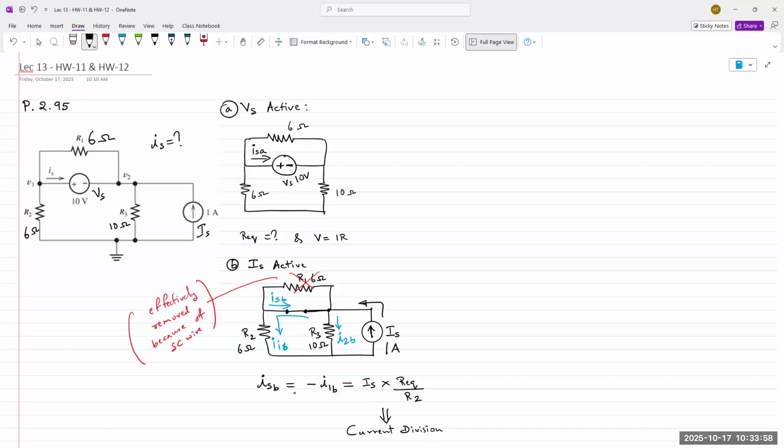Oh, it could be multiple resistors in parallel, and we can still apply current division. So it's the resistor that we're trying to find the current for. If you're trying to find the current for, say, R3, then we put R3 in the denominator. If we find the current for R2, then R2 is in the denominator. That's the resistor of interest.